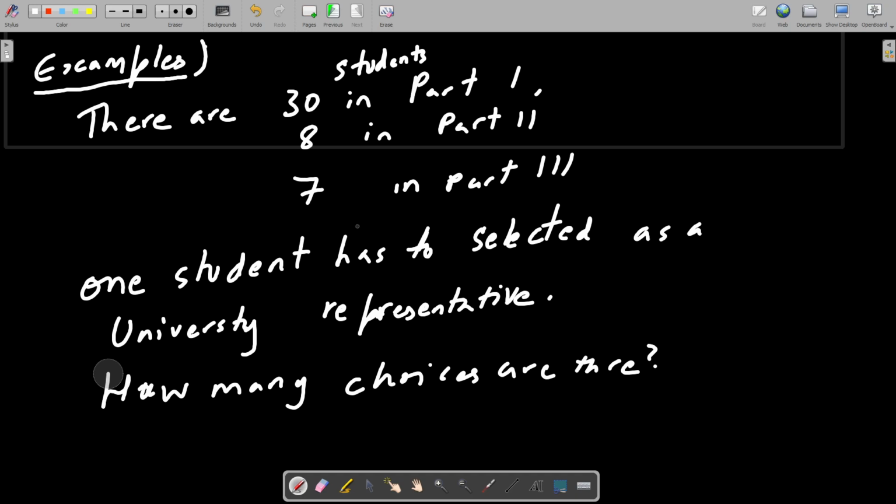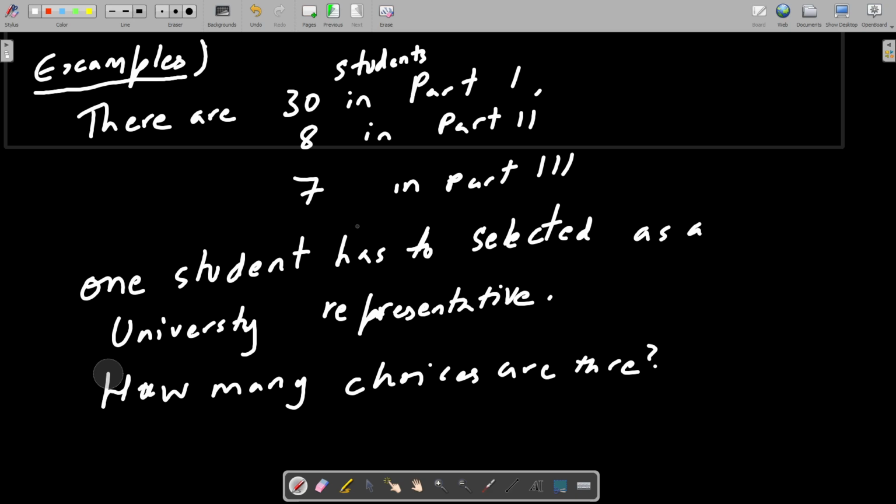You can select one of the students from part 1, or you can select one of the students from part 2, or you can select one of the students from part 3.